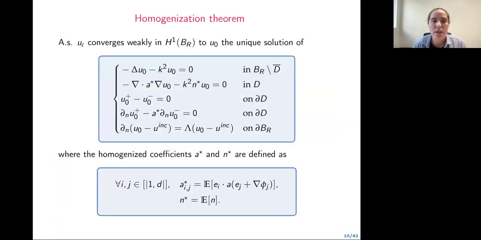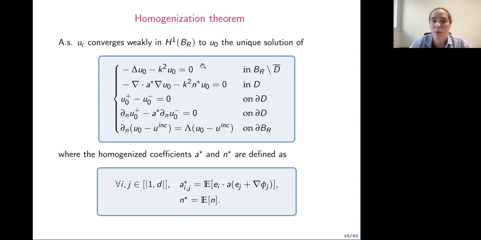So with the stationary ergodic A and N, we can apply stochastic homogenization. We can prove that almost surely, so for a fixed realization, u_epsilon converges weakly in H^1 of B_R to u_0. u_0 is the homogeneous solution, and it satisfies the following.